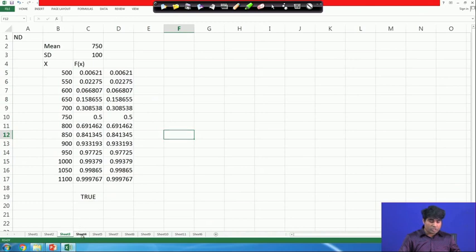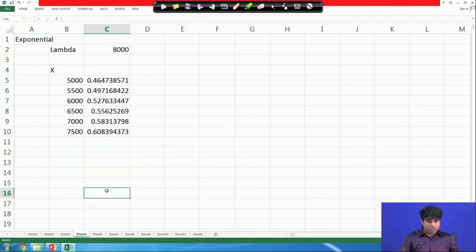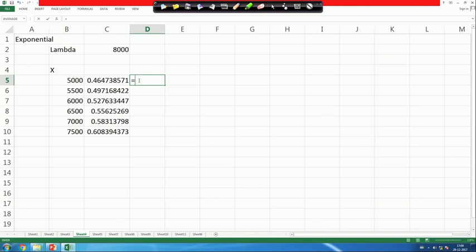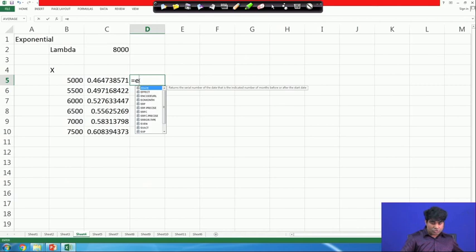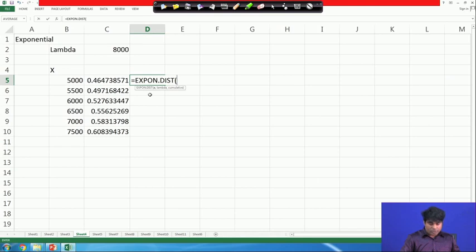Again, you go to the exponential distribution case. Here the parameter is lambda, and you put this particular structure, then you ask for the exponential distribution. So, the requirement is the variable indication. Again, first you put the variable indication, then the parameter value.